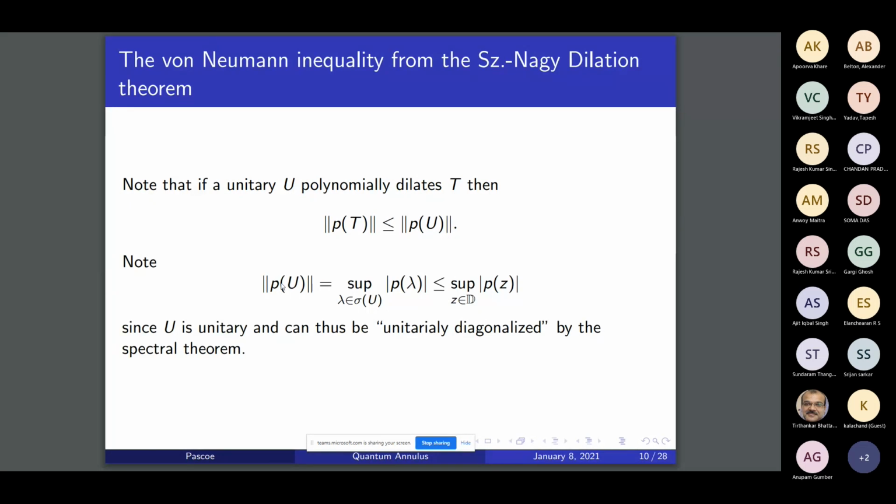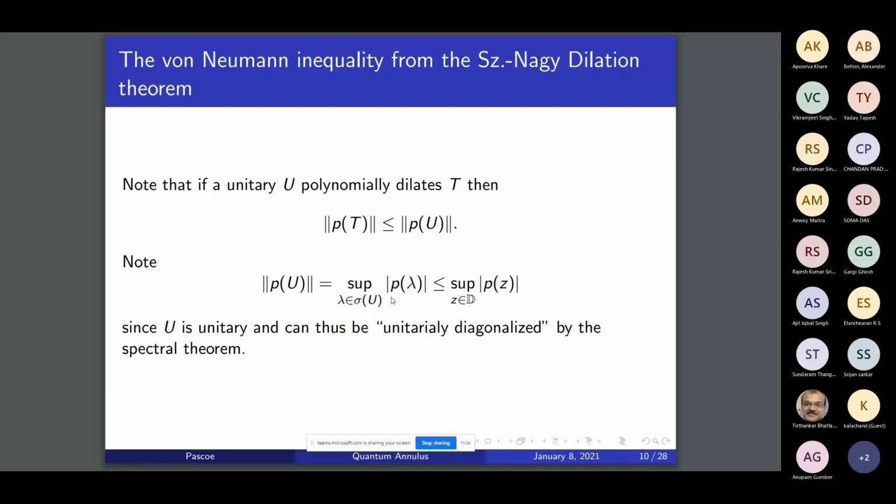So basically the norm of a function evaluated at a unitary is just the sup over the spectrum of that function evaluated at the elements of the spectrum. And if we have a unitary, the spectrum lies in the boundary of the unit disk. And then by the maximum modulus principle, we know that that's the same as the sup of this polynomial over the whole disk as well.